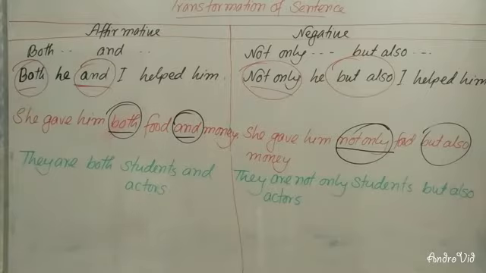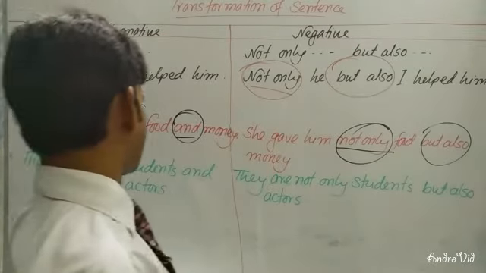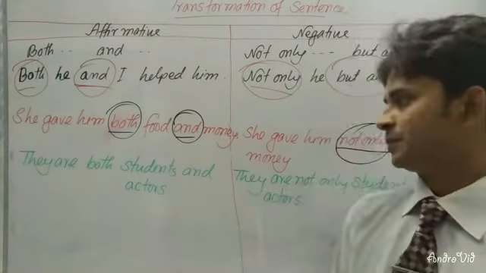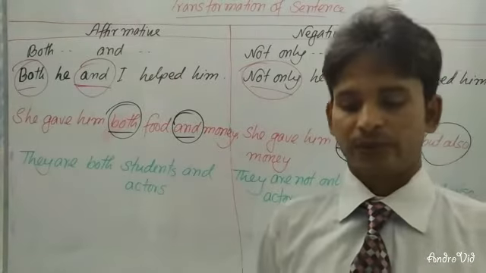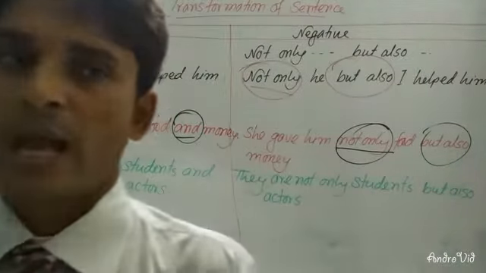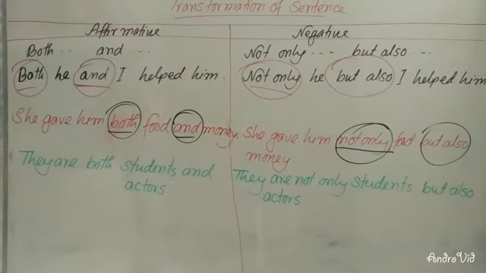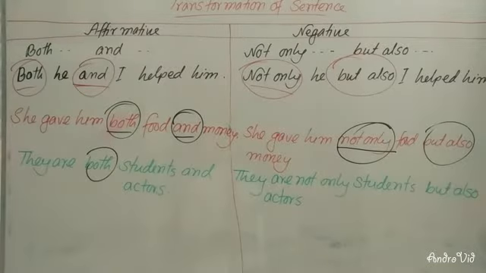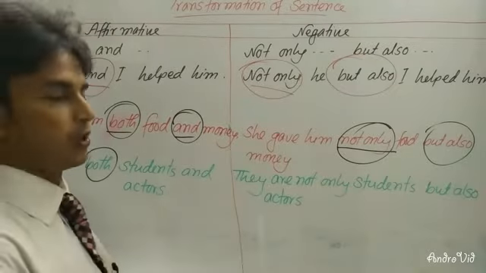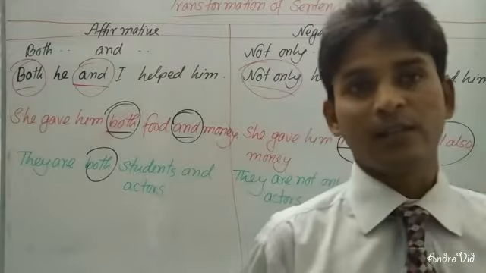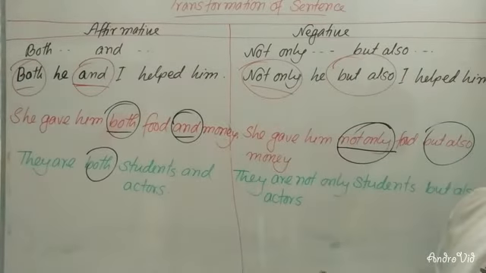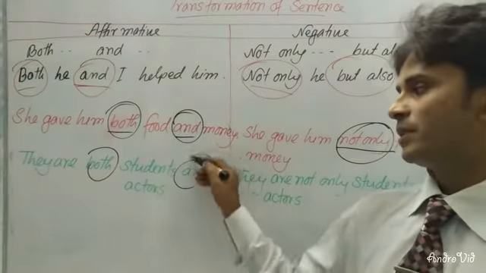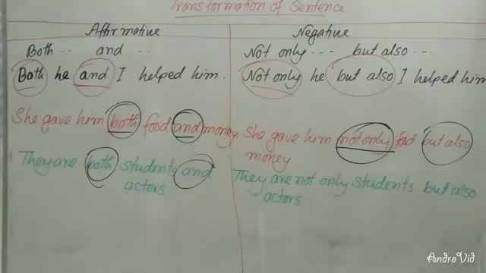Dear learners, on the board you can see another sentence, that they are both students and actors. They are both students and actors. There is both and, for this reason, dear learners, you can see that in the sentence they are both students and actors, there is both and in the affirmative sentence.